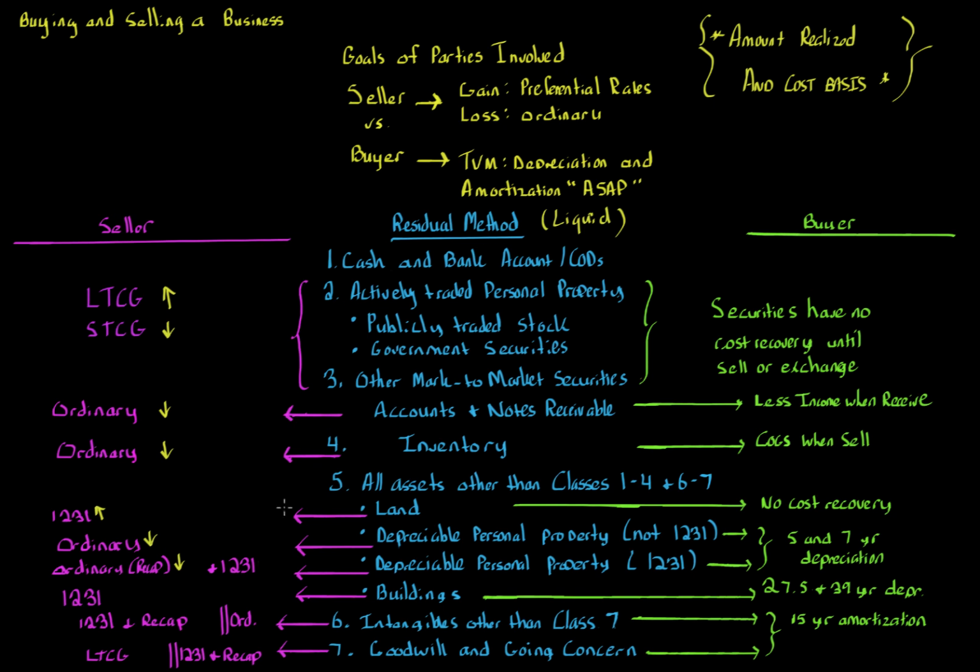So think about a situation where we have an asset that the company's selling for $100,000, and let's say the basis is $20,000, so that's an $80,000 gain, but the depreciation was only $20,000. So the first $20,000 of that $80,000 gain will be ordinary recapture. The remaining $60,000 of that $80,000 gain will be 1231.